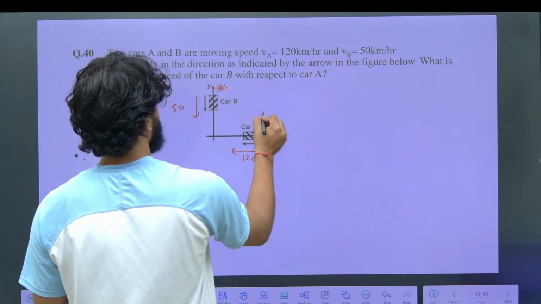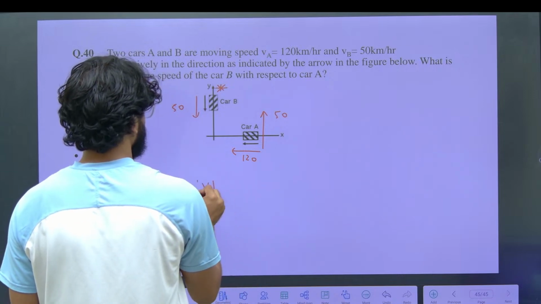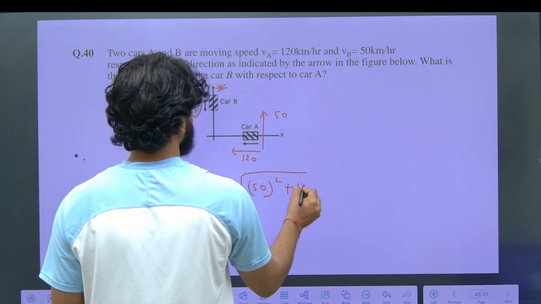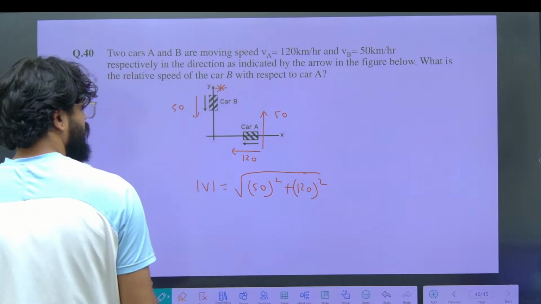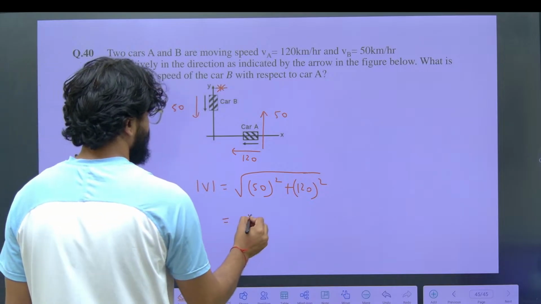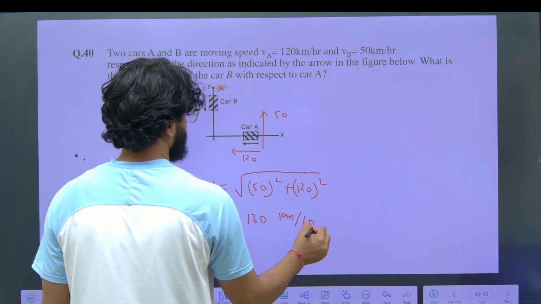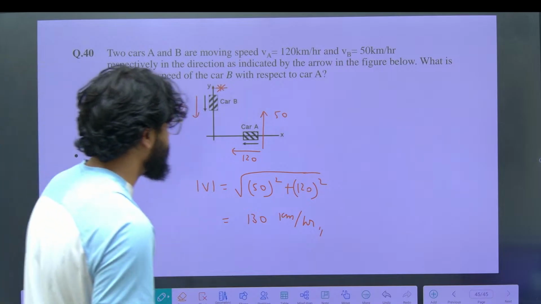So this velocity 50 will be given to it this. So magnitude of this, it will be nothing but 50 square plus 120 square. Okay, correct. So it will be how much? 130 kilometer per hour. Yes. Okay. Chaliye.